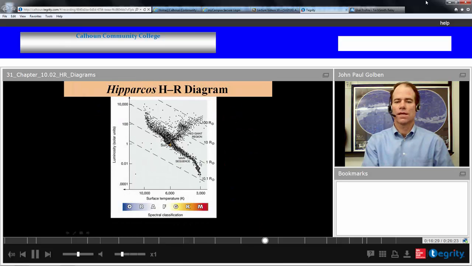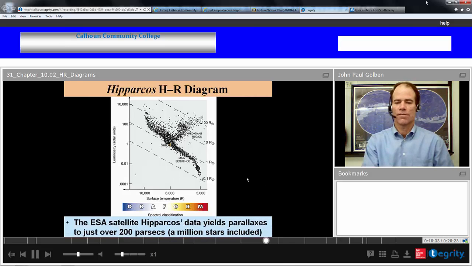As we look at the HR diagram, we have the main sequence, and in fact, a lot of the data that we have placed on this diagram comes from the European Space Agency Hipparcos satellite that has collected data of stars up to about 200 parsecs away from us, which includes about 1 million stars.